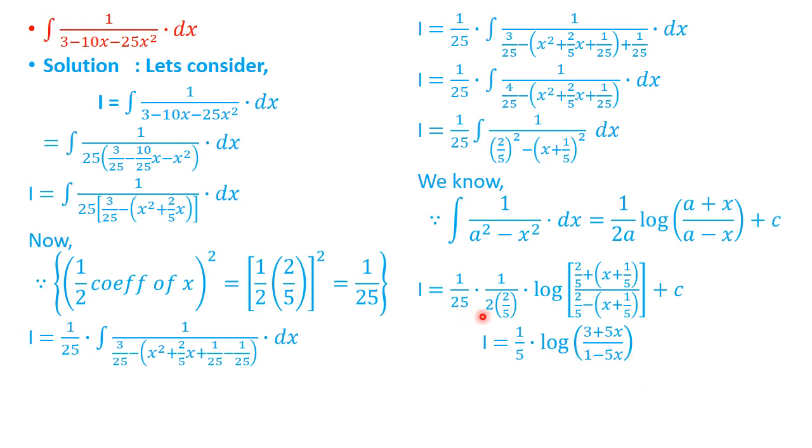Okay, 5 fives are 5, and here 2 into 2 is 4, and 4 into 5 is 20. So I is equal to 1 by 20 log of 3 plus 5x upon 1 minus 5x. This is our required answer.